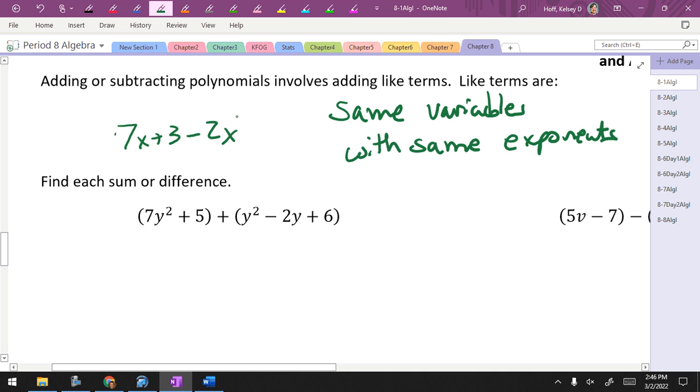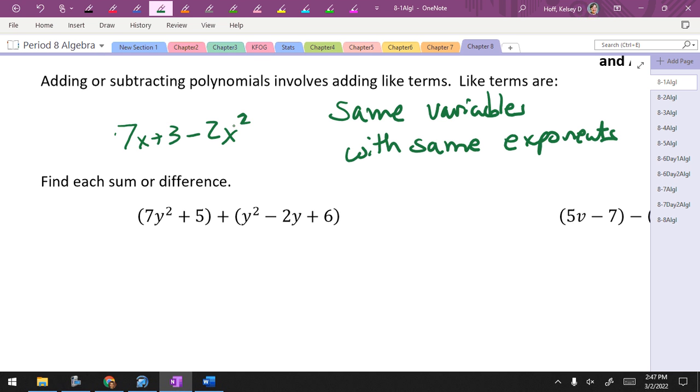If I add a squared over here, I no longer have like terms. Does that make sense? An x and an x squared is like, I have 7 apples and 2 oranges, so I have 9 pineapples. No, you don't. You have 7 apples and 2 oranges. Don't put things together that have different exponents.